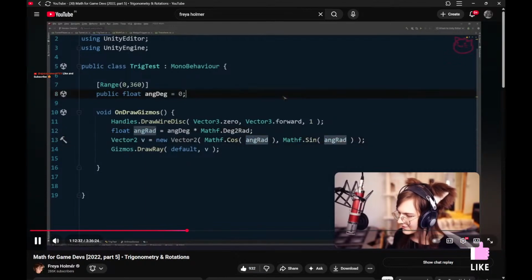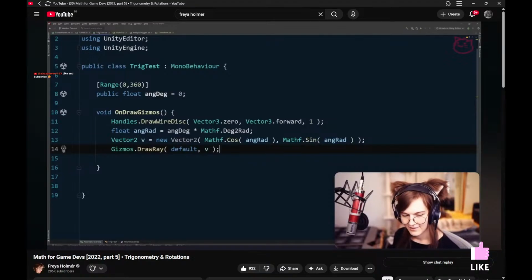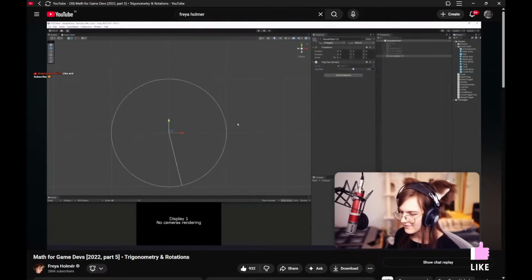So there we go. We have our radians instead. And then we go back, recompile.